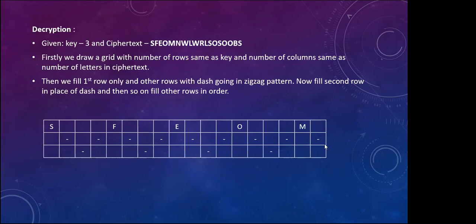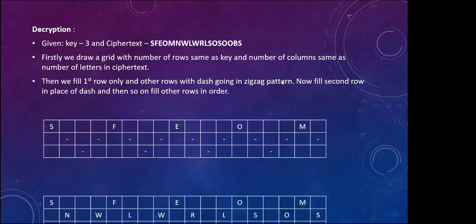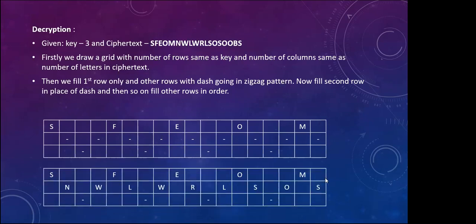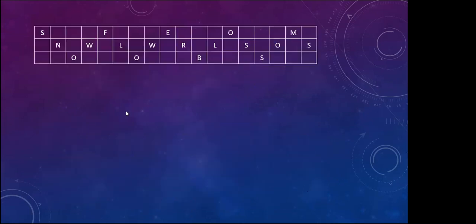Once we reach the end, we fill the second row, where we had filled dashes, with the next letter after the M, which as you can see here is N. As we go, we fill the second row instead of the dashes, then the last row, and then we can read off our plain text in the zigzag manner.